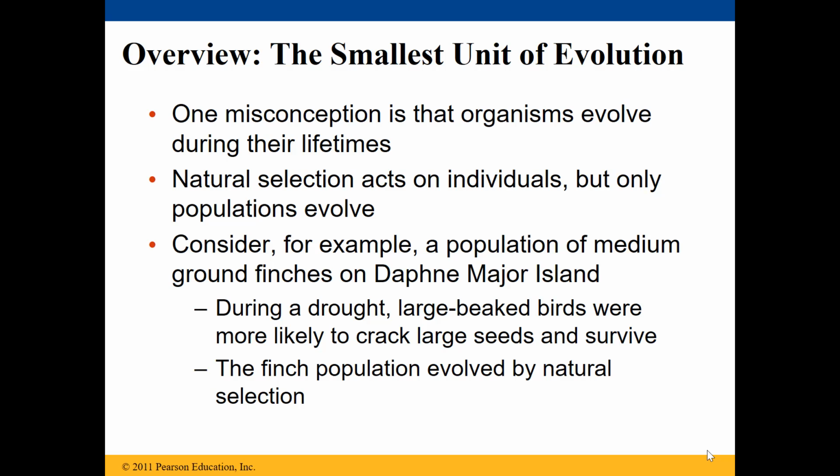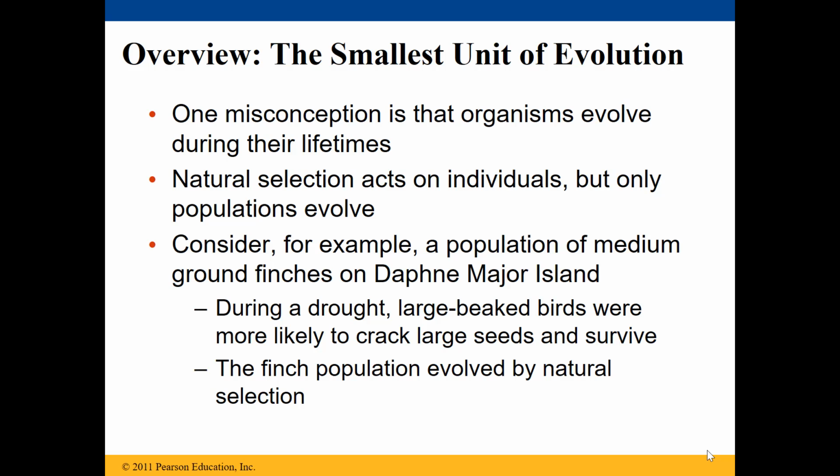There are two ways to think about what chapter 23 covers. Chapter 23, the title of it is Evolution of Populations. And the reason why it's called this is because it needs to remind you that evolution does not happen at the level of individuals.